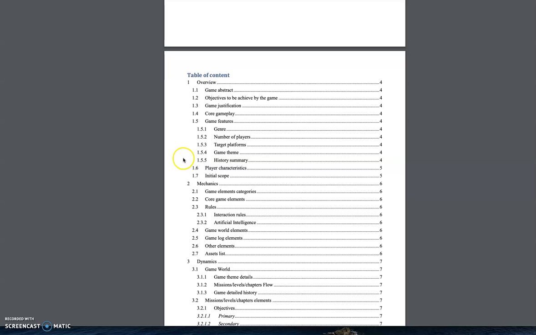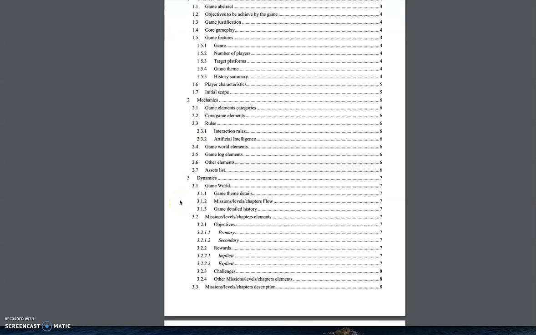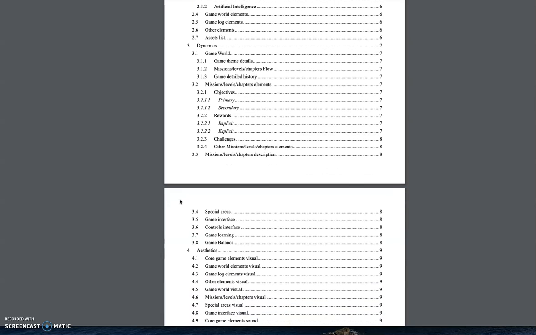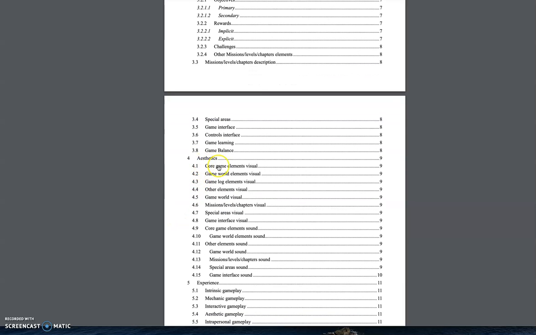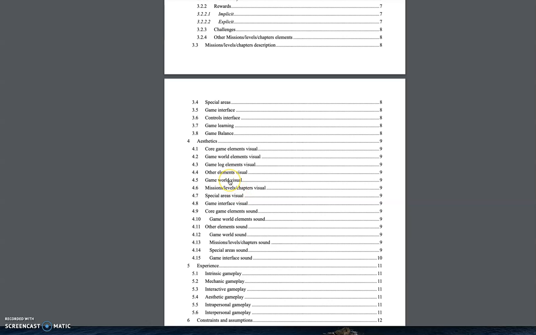The details that have to go in something like this include not only what the rules are, but what the world that the game is in, what that looks like, what the interface is, so how the players are going to actually play it. Here's that in terms of the interface. The aesthetics, what does it look like? What are the visuals like? And in a real world example, it would be ideal to have a mock-up visual included so that that can be a part of the proposal itself.